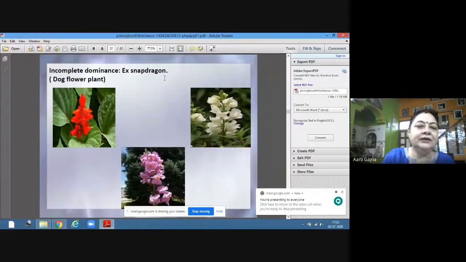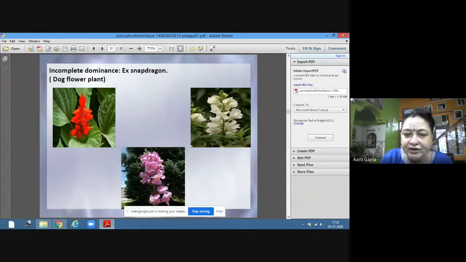This is the snapdragon flower, commonly called dog flower. These are red color flowers and these are white color flowers. Red color flowers are dominant and white are recessive. Now, if the red flowers are crossed with white flowers, the F1 generation is pink flowers.